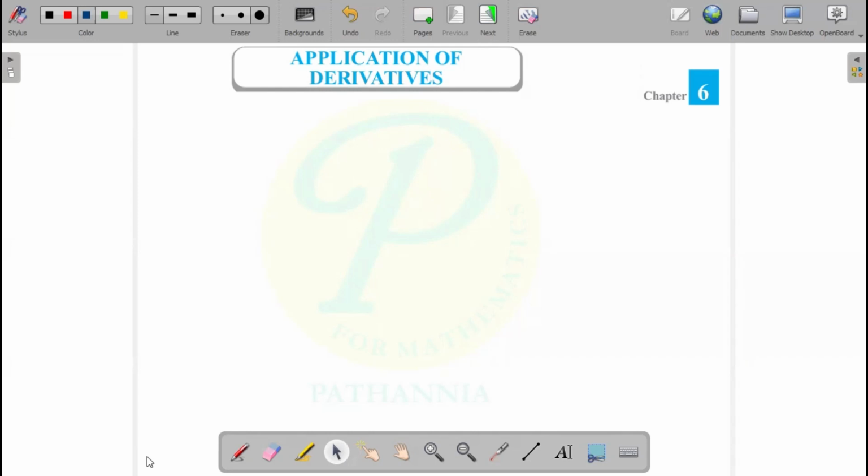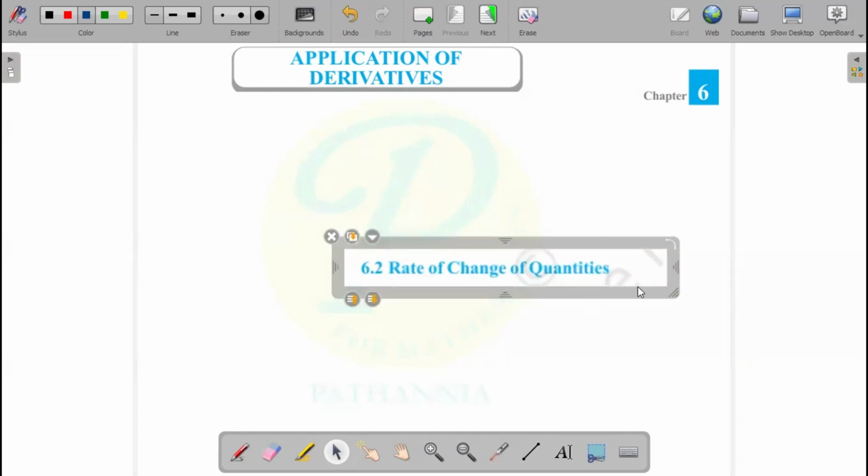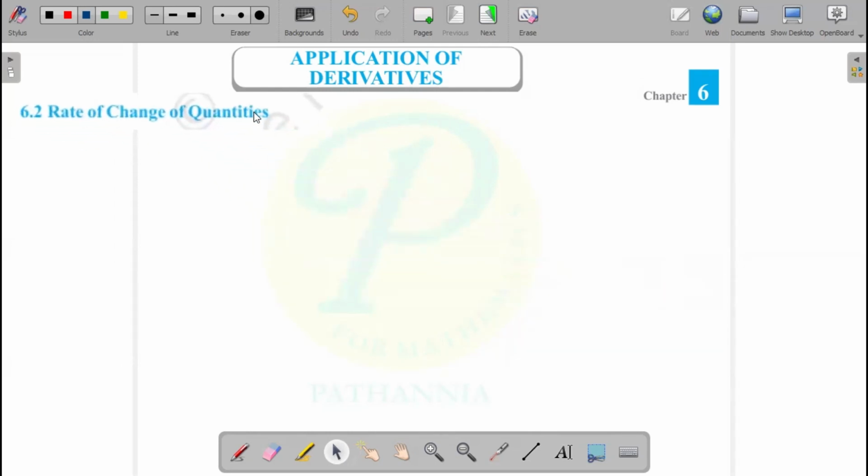The rate of change of a quantity. If you write down dy upon dx, this means the rate of change of y with respect to change in x.